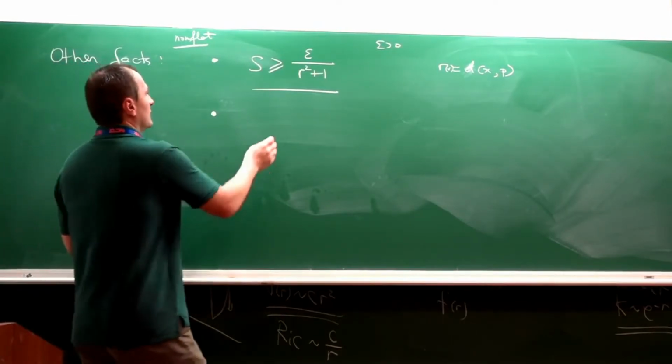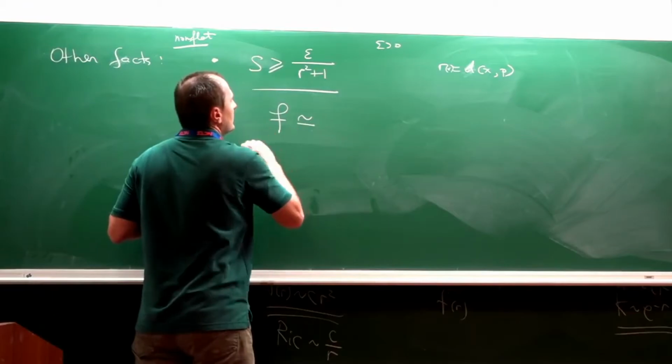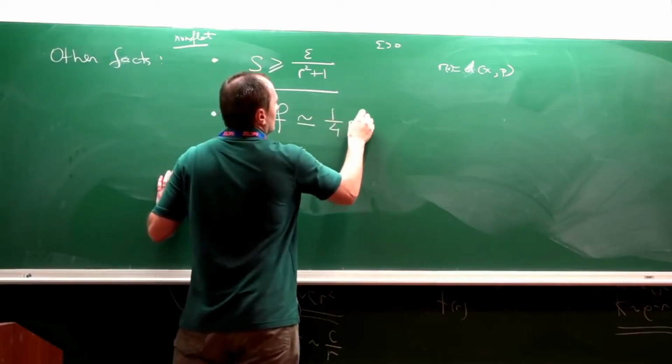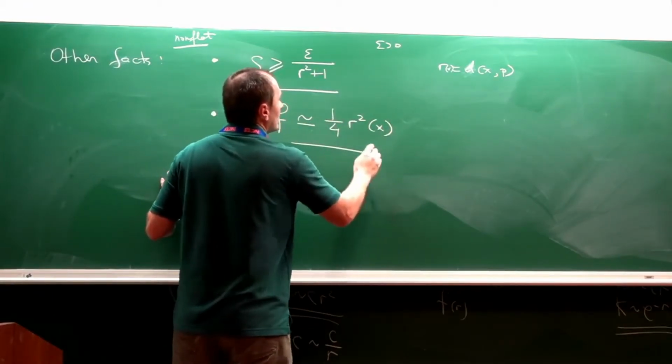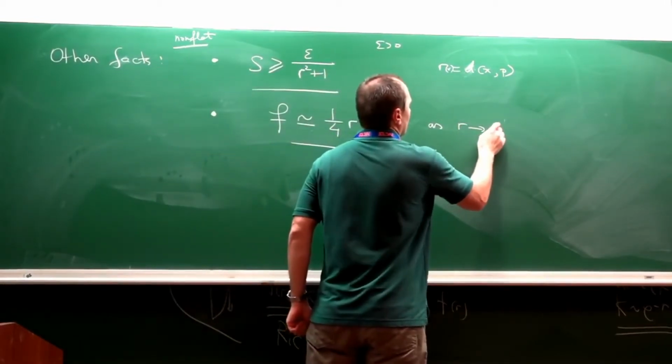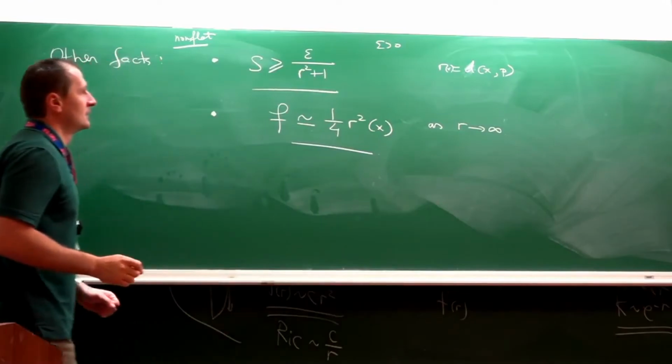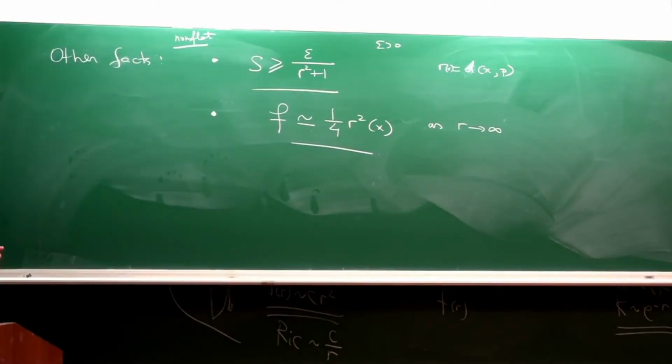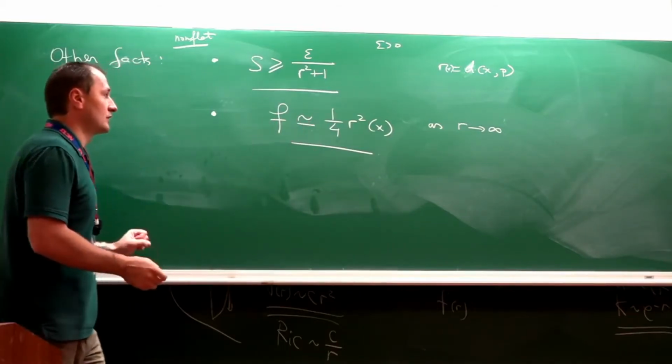Another important fact is that the function behaves like the distance function at infinity. So the potential is kind of like on the Gaussian, it's distance squared over 4.